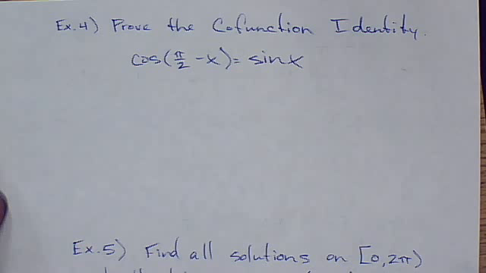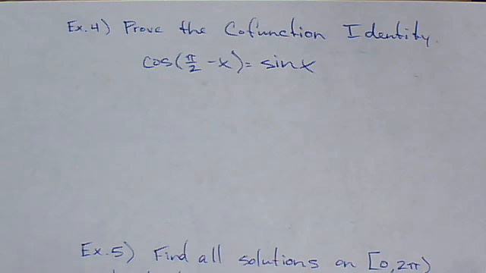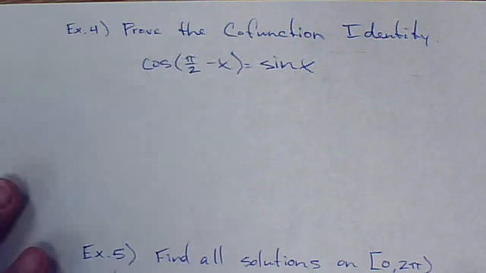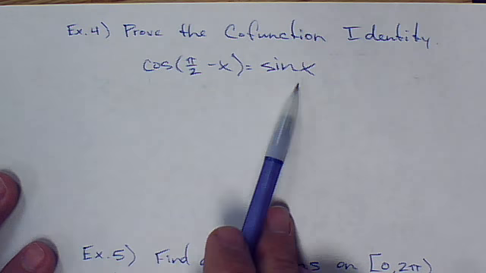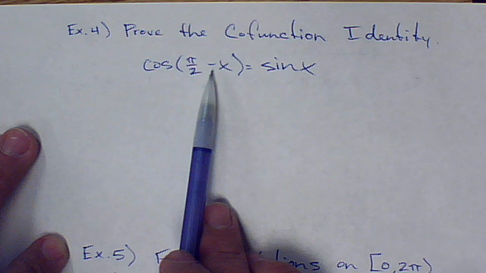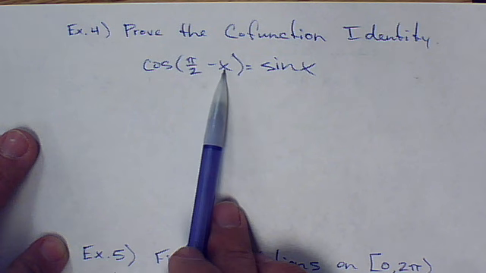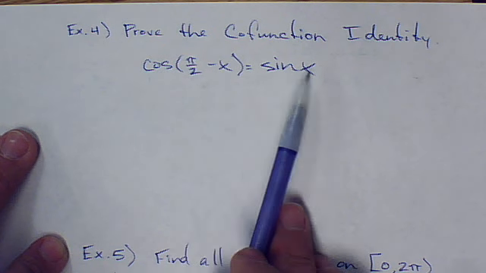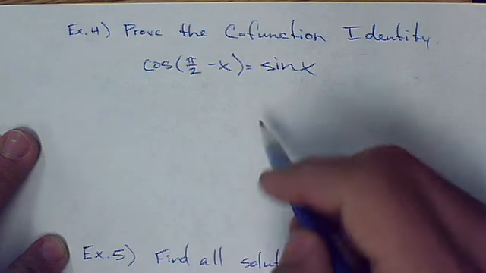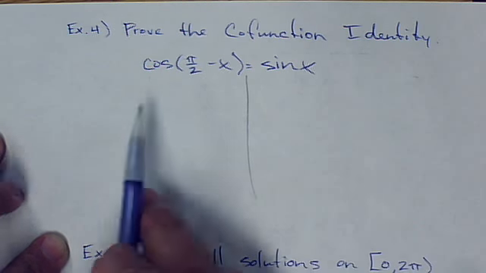Now if you look up right underneath the Pythagorean identities on your formula chart, you'll see the cofunction identities. So there's one of them: the cosine of pi over 2 minus x, any angle, equals the sine of that angle. Okay, so we're going to verify this.